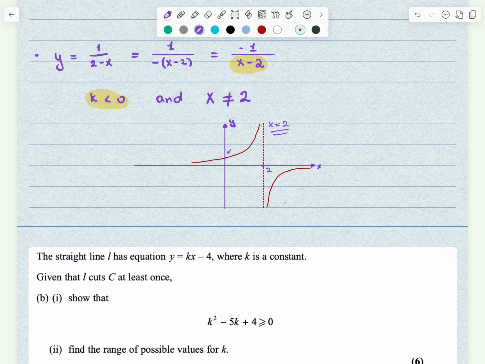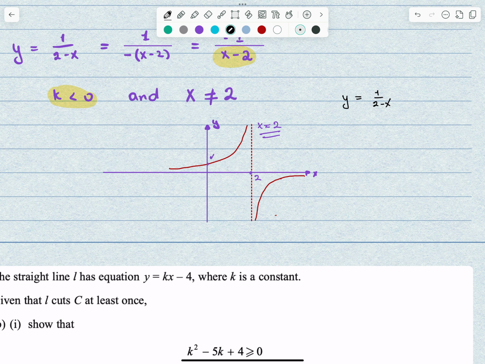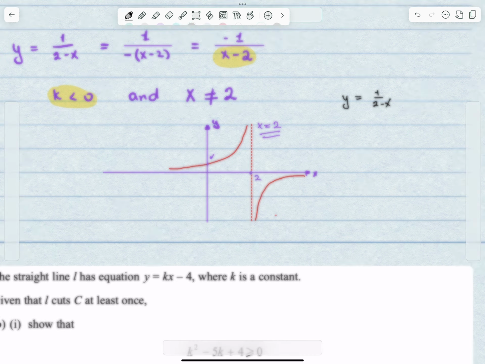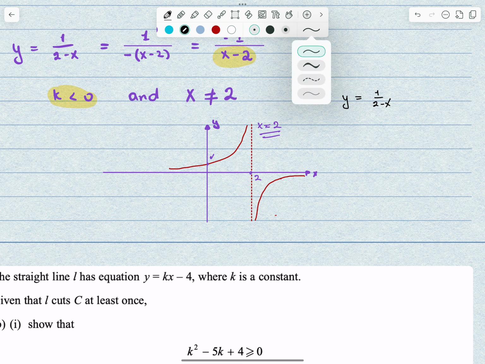Okay, so let's take our function. The function is, I'm going to use a black color for this, y equals 1 over 2 minus x. So this is it. What I have to do is find the y intersection. To find the y intersection, we know that we have to set x to 0, right?